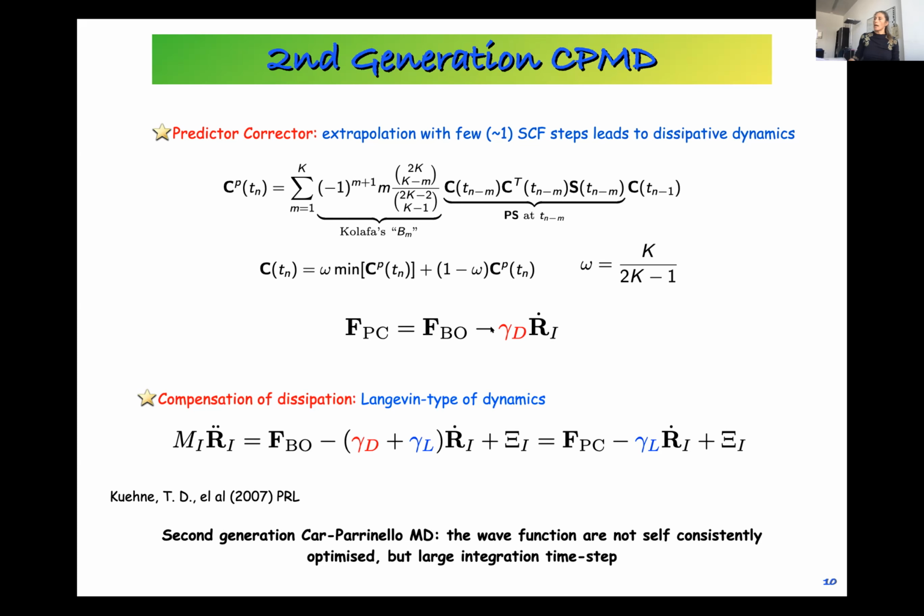So you actually run a Langevin type of dynamics, and you can demonstrate that by properly tuning the friction, this gamma parameter, the error of the forces has a Gaussian distribution, and the average of the error converges to 0.